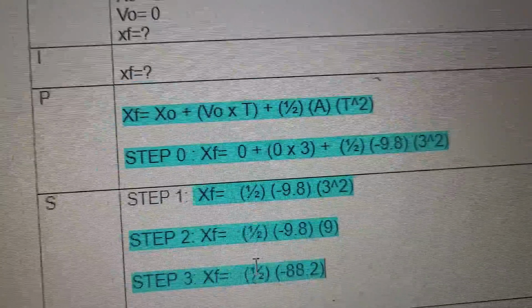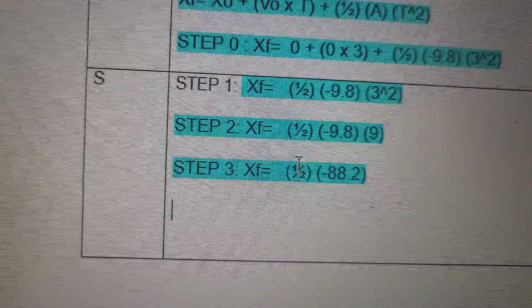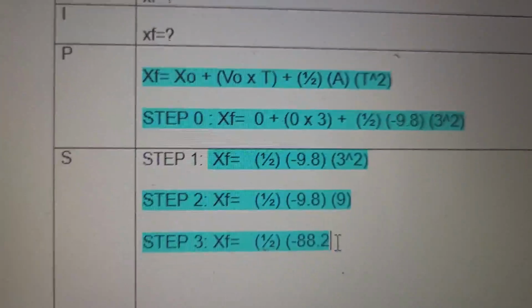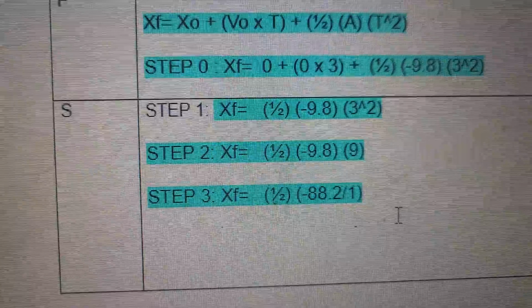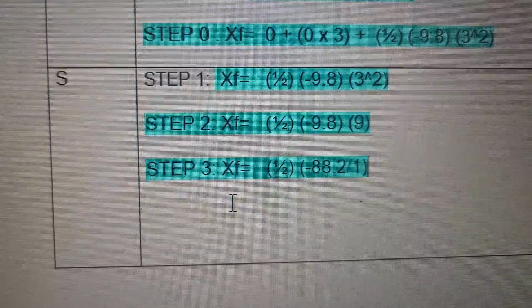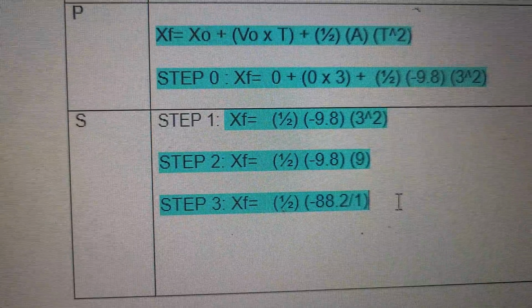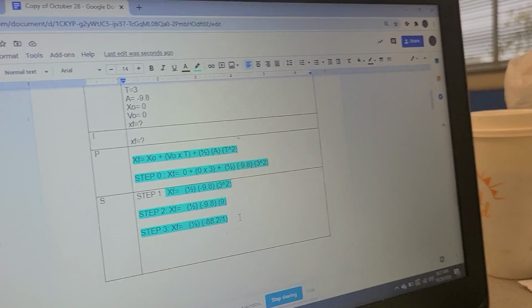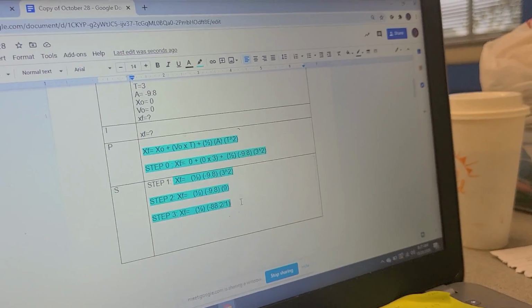Negative 88.2. Awesome. So now that I'm done with the multiplication part, technically I have negative 88.2 over 1. Why do I put over 1? What am I doing when I put over 1? Division. I'm dividing because realistically, I'm going to show you on the board why. The moment that you're multiplying by a fraction, you're making the number being multiplied by that fraction a fraction.